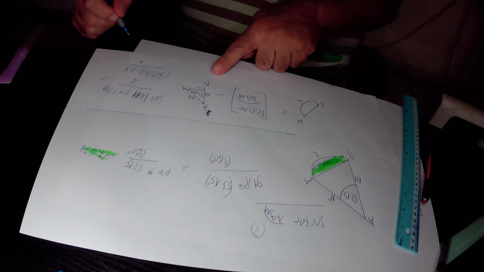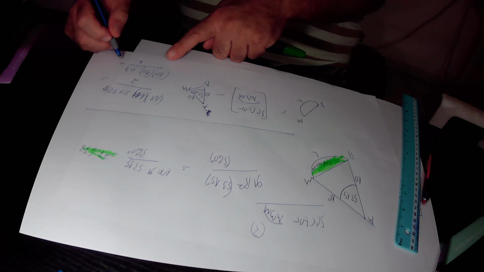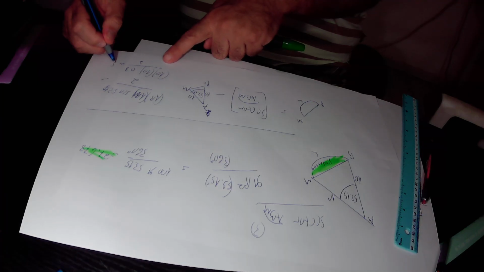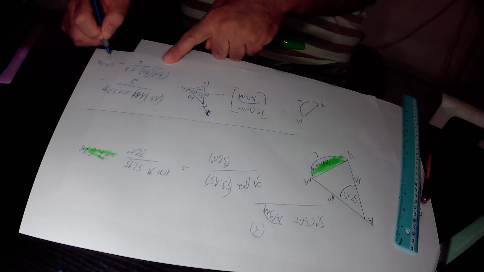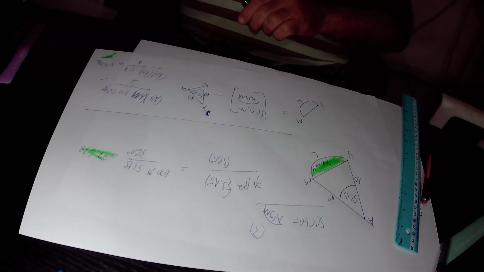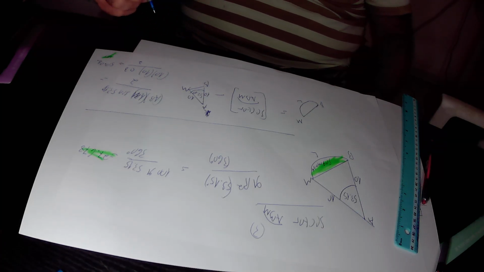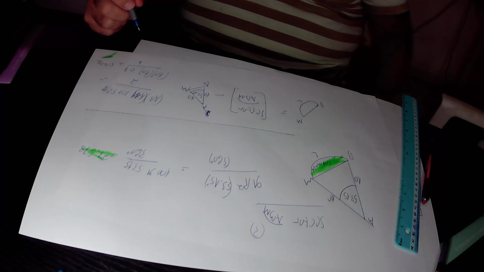So the area of this triangle ABM equals 10 times 10 is 100, and 100 over 2 is 50. 50 times 0.8 is 40. So in total, we found out that the area of this triangle ABM is equal to 40 square units in its size.